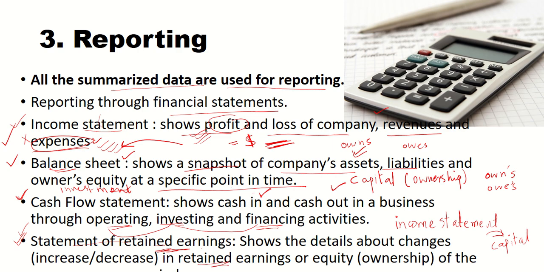This is also a very important statement which helps investors understand whether the business is having a positive movement in increasing its capital or equity, or a negative movement in its equity, over a particular period of time. So reporting is also very important.